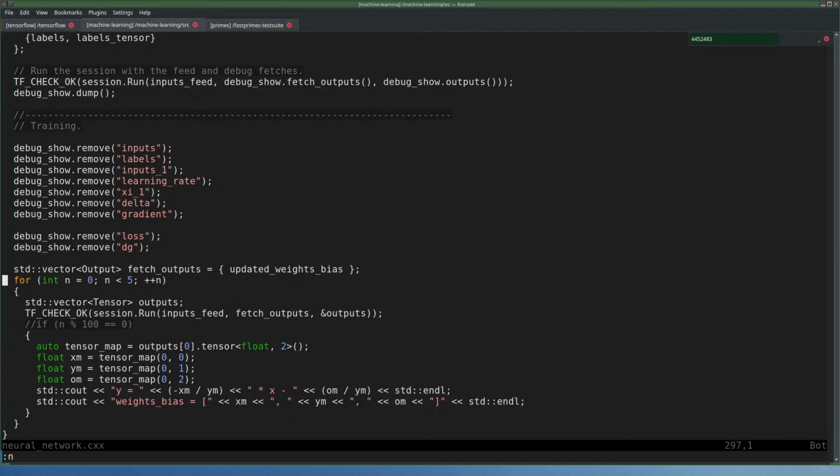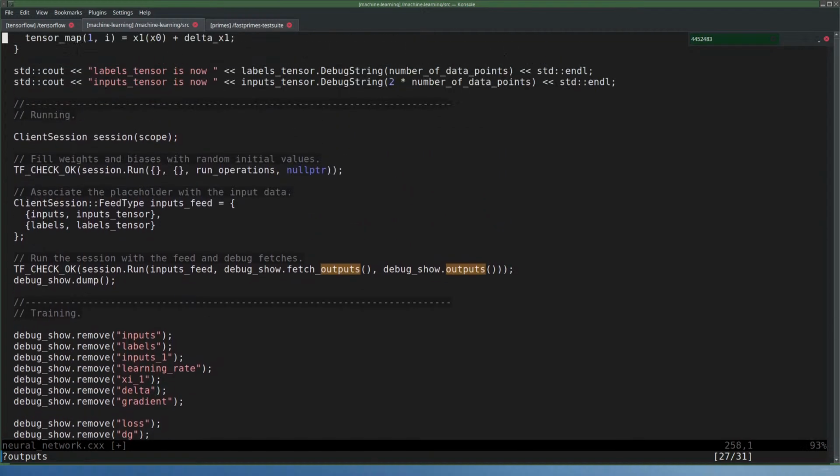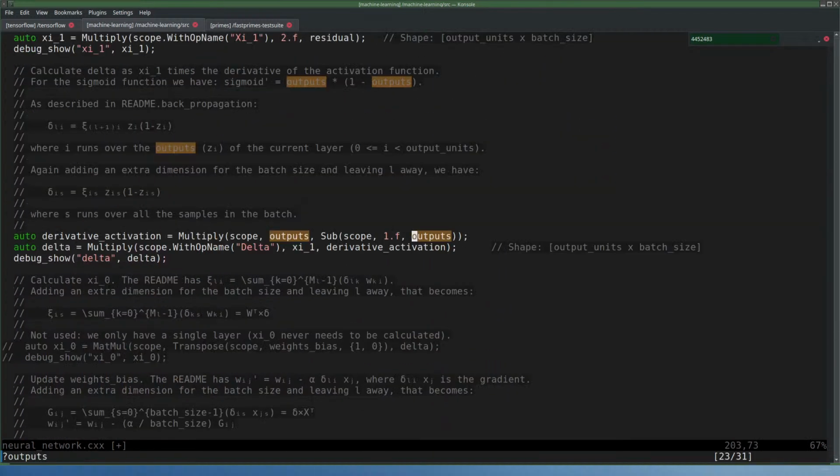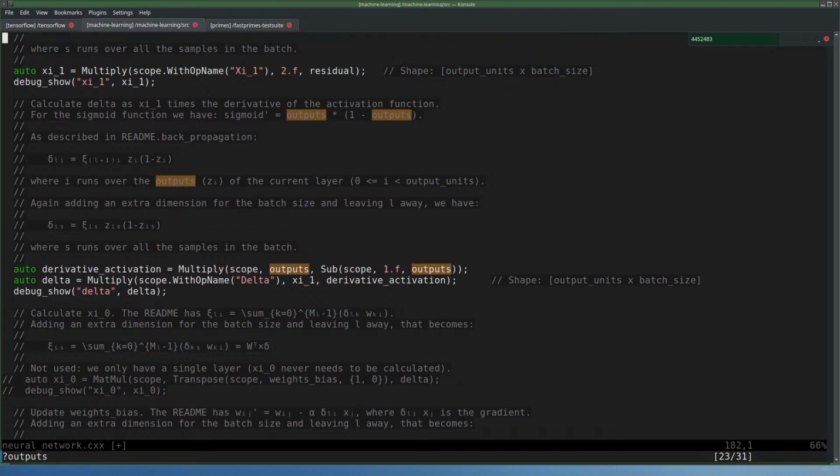I think I can just add outputs here. What is output? Output should be, output is totally a thing.